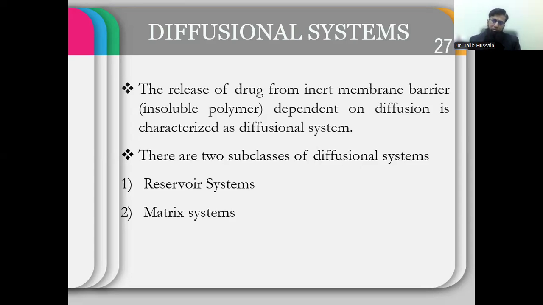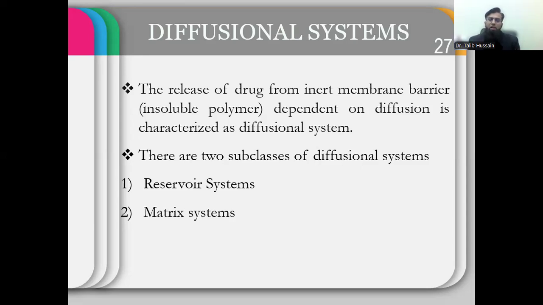There are two types of approaches in the diffusional system. One is a reservoir system and the other is a matrix system. The reservoir system is the same as what we discussed in the dissolution system; it is a coating system. There we had two types of coatings: one with different thickness of the coat and one with alternating layers.